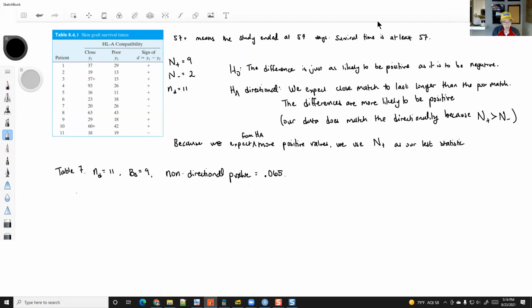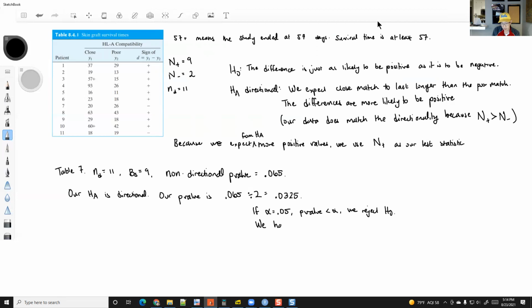Okay, so our alternative, HA, is directional. So our p-value is going to be half of that. I get a p-value of 0.0325. If alpha is 5%, our p-value is less than alpha, and we reject the null hypothesis.